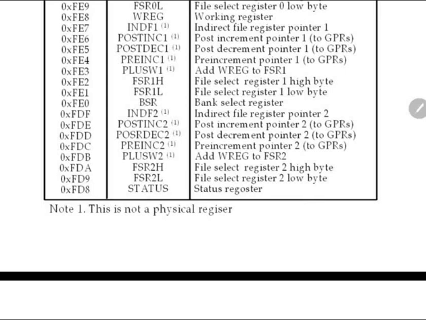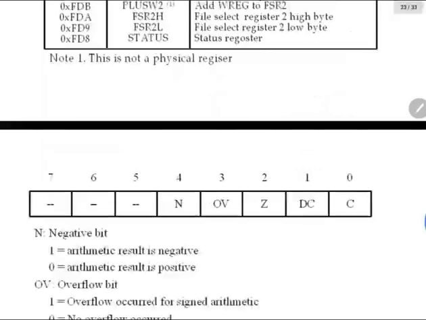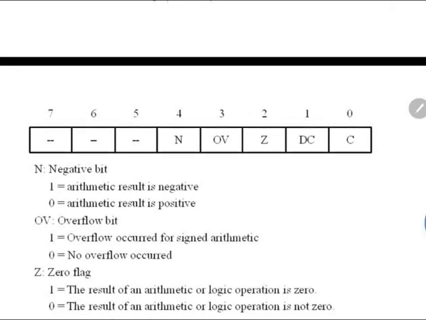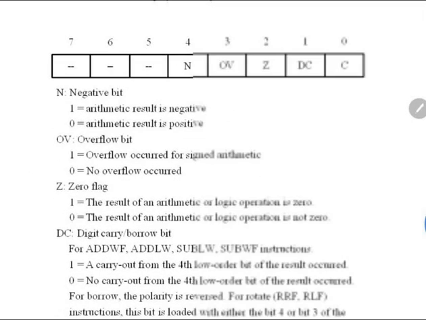In one location, how many bits can we store? 8. Very good, and that is what is projected here. This is one location, how many bits do you have? 0, 1, 2, 3, 4, 5, 6, 7. A total of 8 bits at one location. You all following?